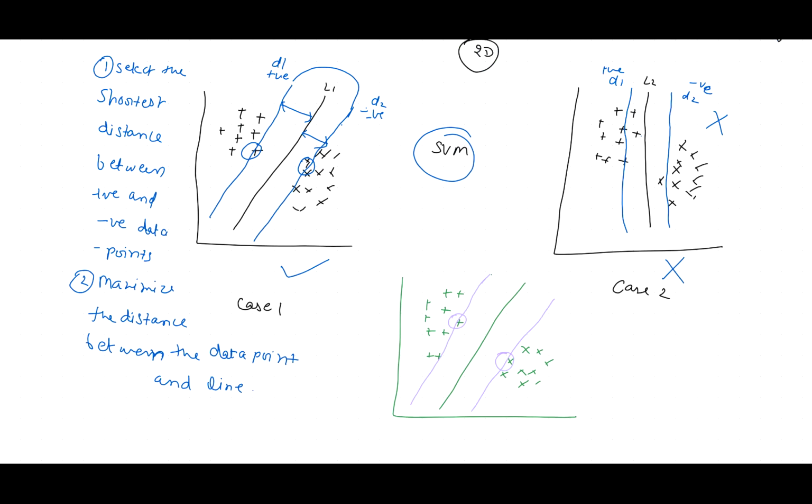Then what will happen in future, if in your data set you have more data points, and your SVM chooses this hyperplane? You might have data points which come nearer to this one and it will come here. So it will jump to the other side. So this is misclassification.